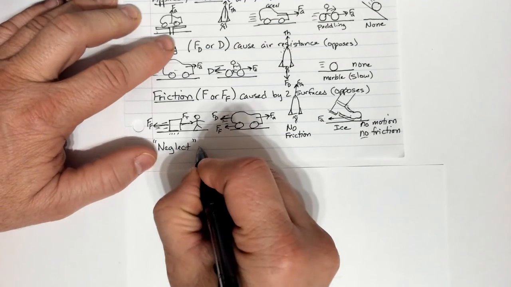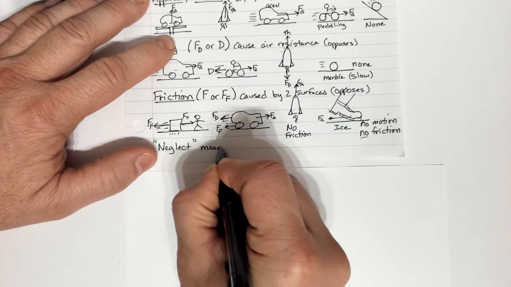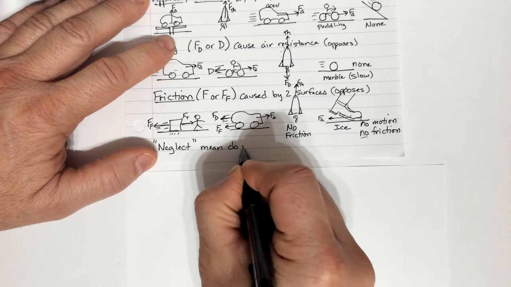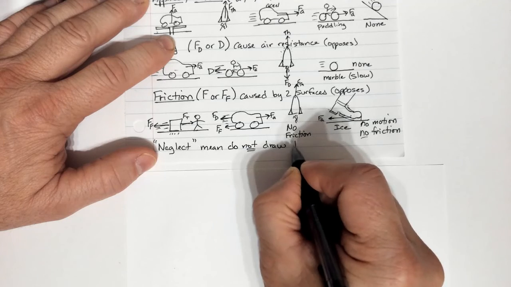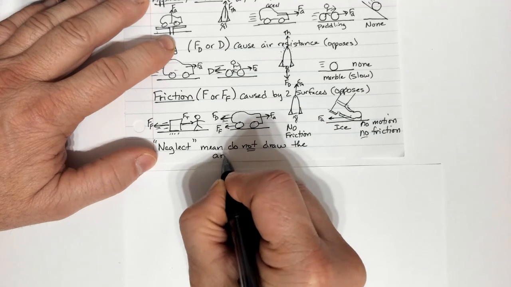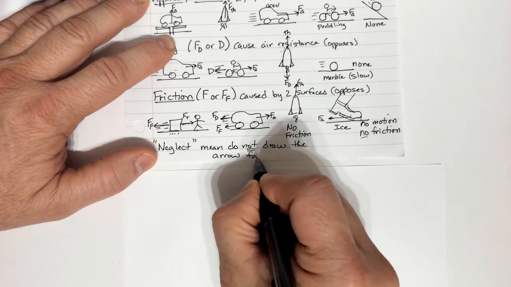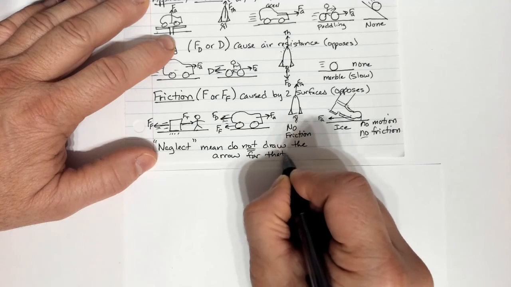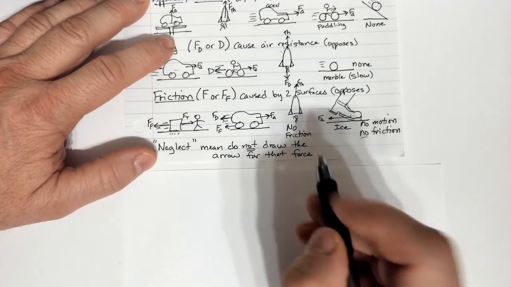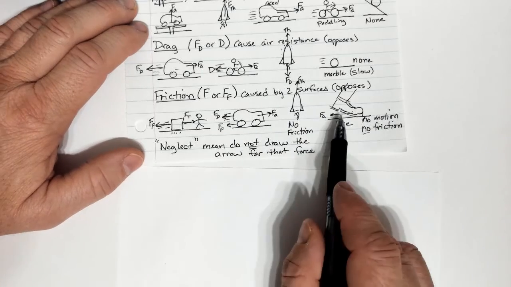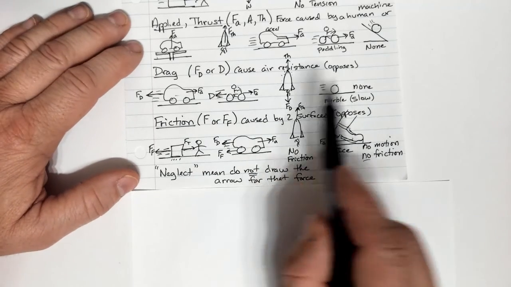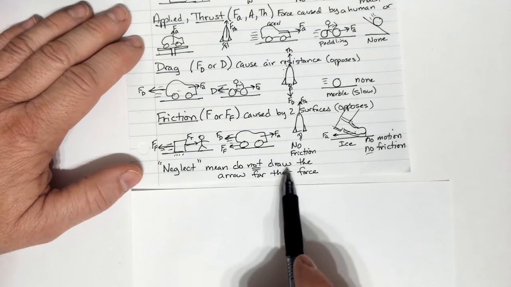So neglect means do not draw the arrow for that force. If it says neglect friction, it means it's not an important factor in that problem. If it says neglect drag, it means it's not important. So you would not draw that arrow.